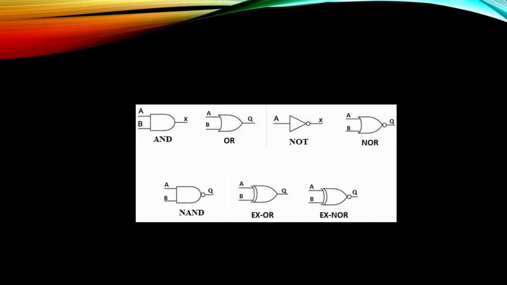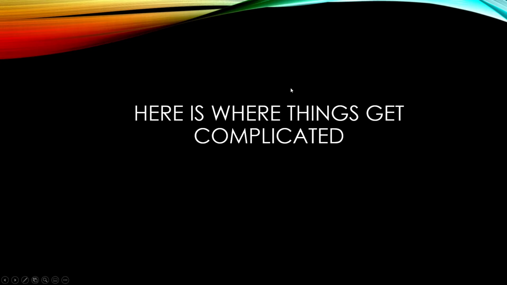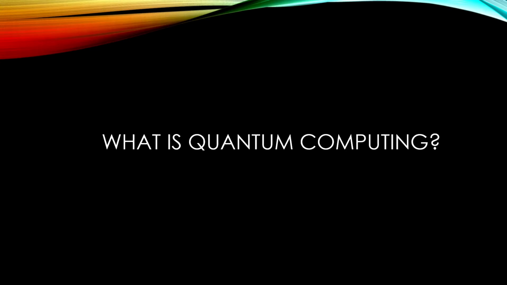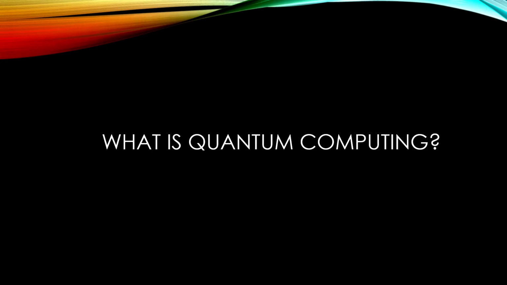Something that is just around the corner now is quantum computing, though. So here's where things get complicated. What is quantum computing? Quantum computing is really difficult to explain in simple terms. Essentially, the bits that used to be only off and on are now both.